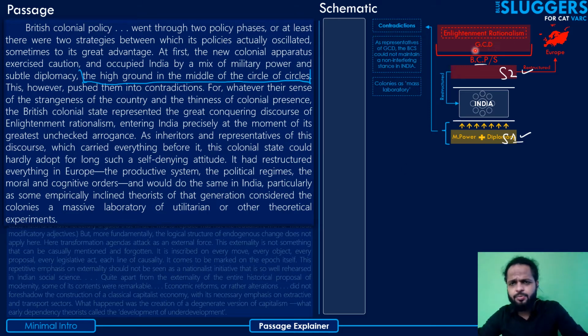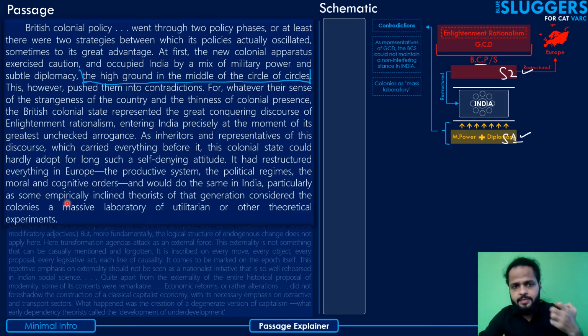This would be another factor adding to the idea of the British bringing about drastic transformations in India. Empirically inclined theorists means theorists who base their theories on experimentation and data.